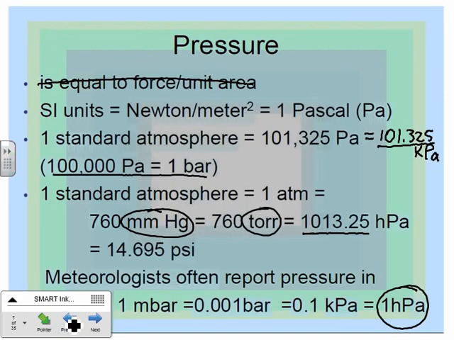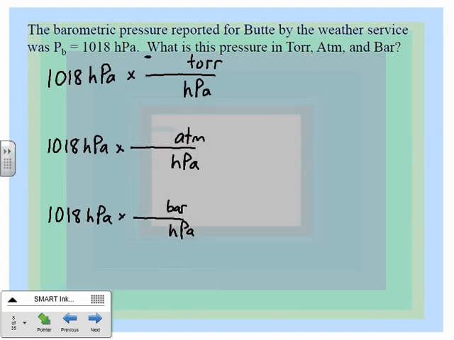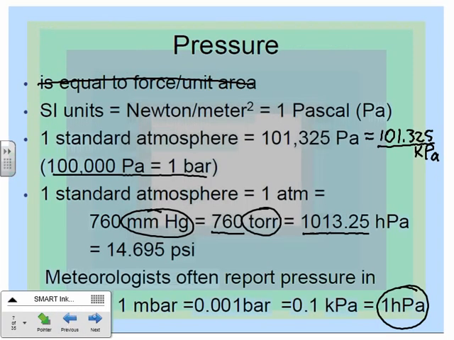So 1 hectopascal is, well, okay, I guess it's not a 1-to-1 ratio here, the way that it's given. 760 torr and 1013.25 hectopascals. Forgot that number already. 1013.25.